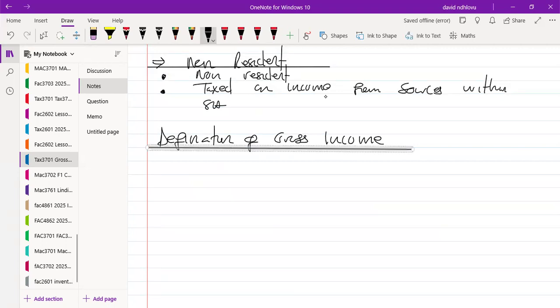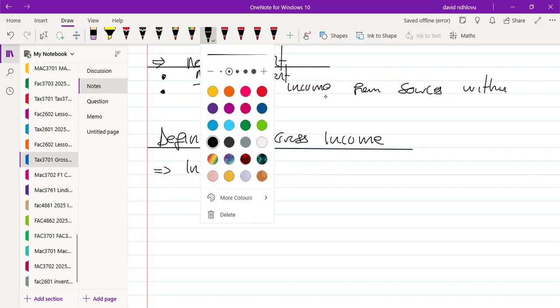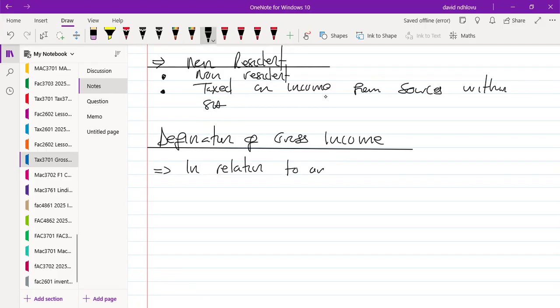Right, so when you look at gross income, the definition says, in relation to any year of assessment, gross income means.